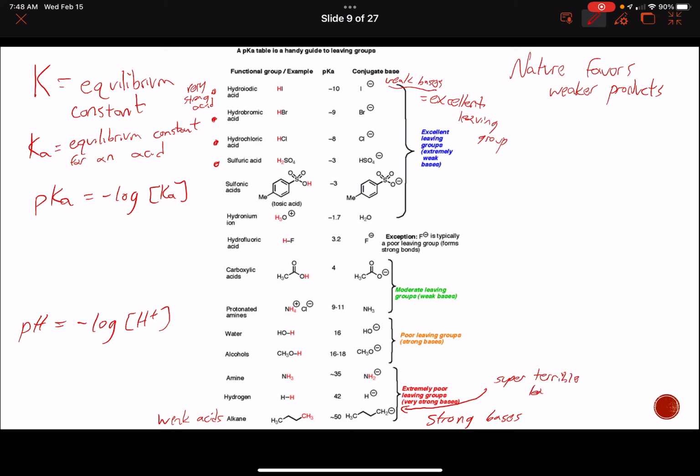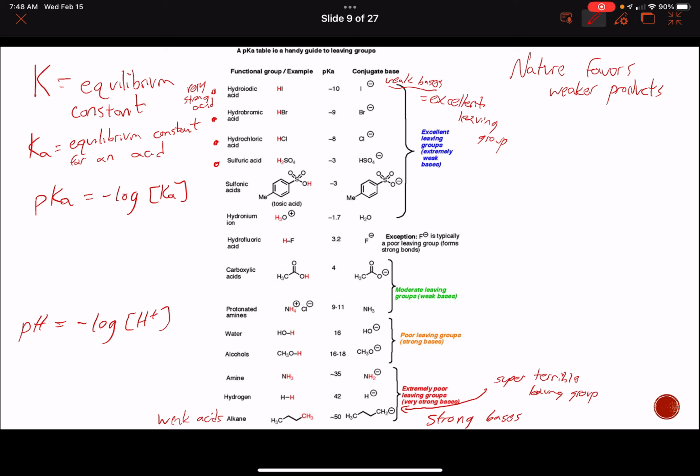It's not going to leave, because it's definitely not favored to be that way. It's going to gain a hydrogen or a bond, bonding to whatever it can as fast as it can. You're not going to kick it out. Whereas I minus at the top is pretty weak, can handle being on its own, and is an excellent leaving group.